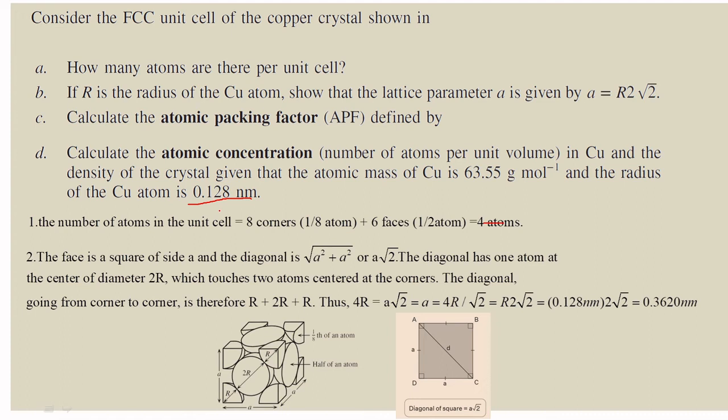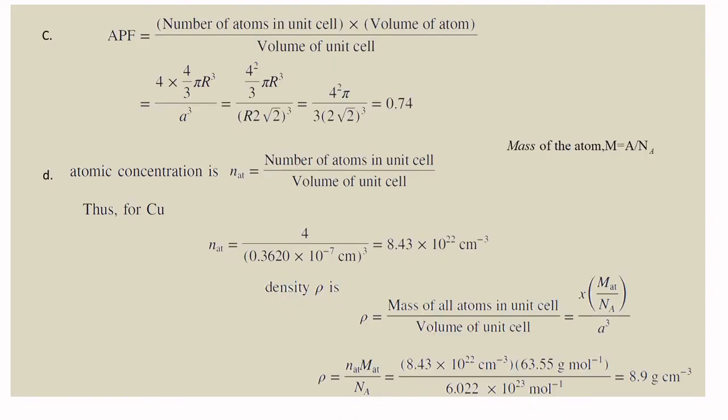The third is to calculate the atomic packing factor. Each cell, either simple cubic, face-centered cubic, or diamond, has its own packing factor. The atomic packing factor formula is the number of atoms in the unit cell into the volume of an atom, divided by the volume of the unit cell.